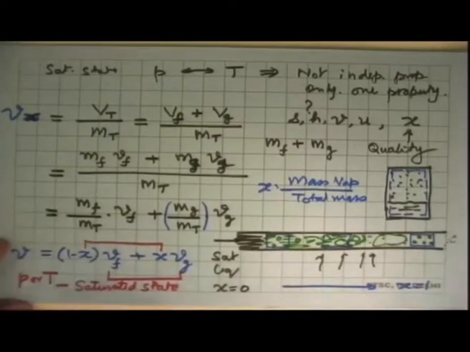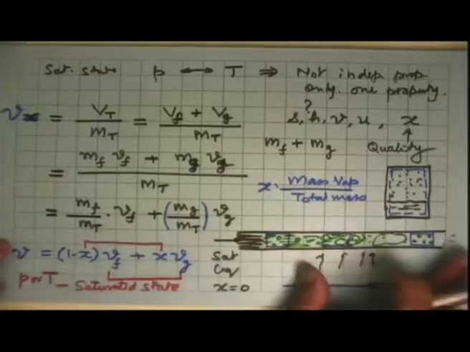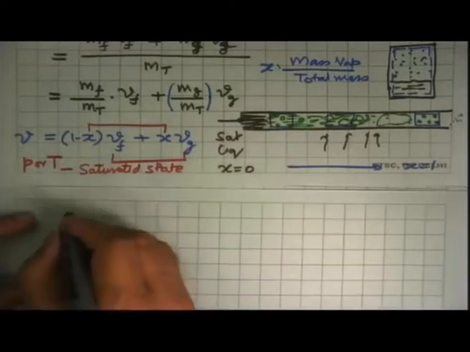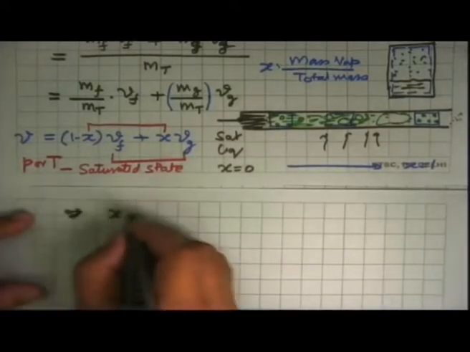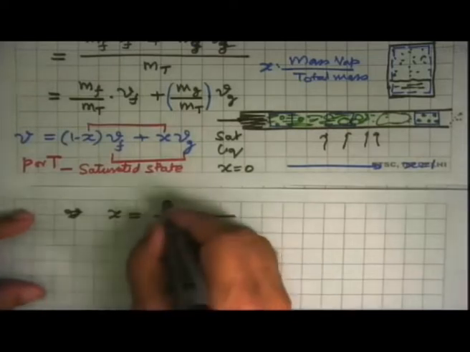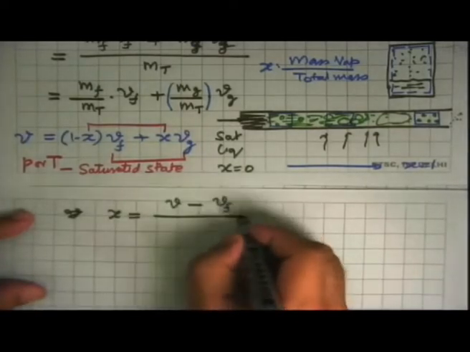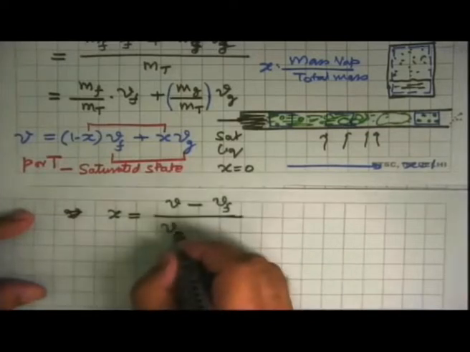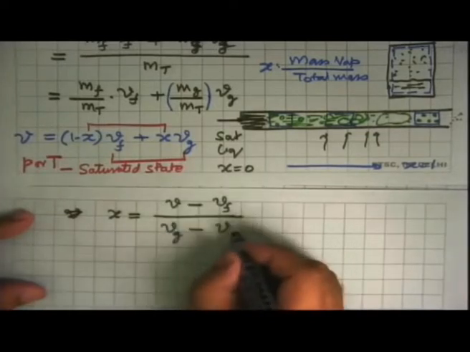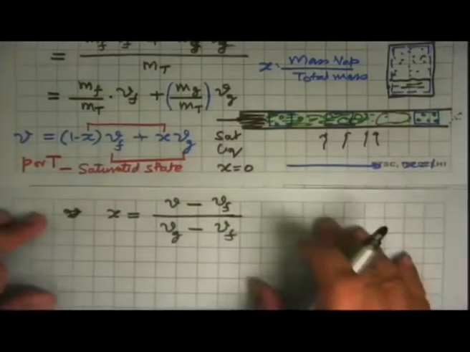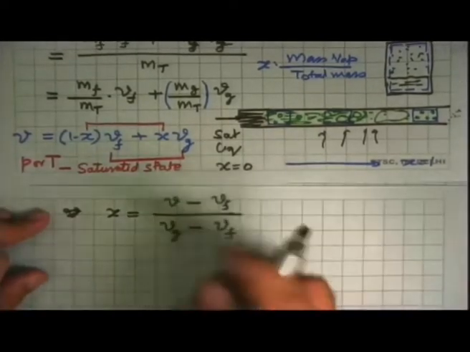We can recast this equation and write x is equal to, and if we do that, we get the answer that x is equal to (V minus Vf) upon (Vg minus Vf). That's how we can calculate it.